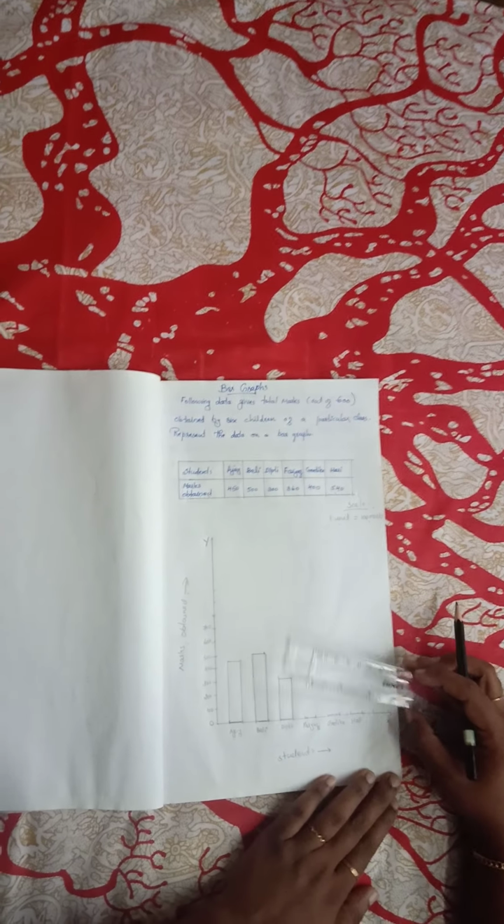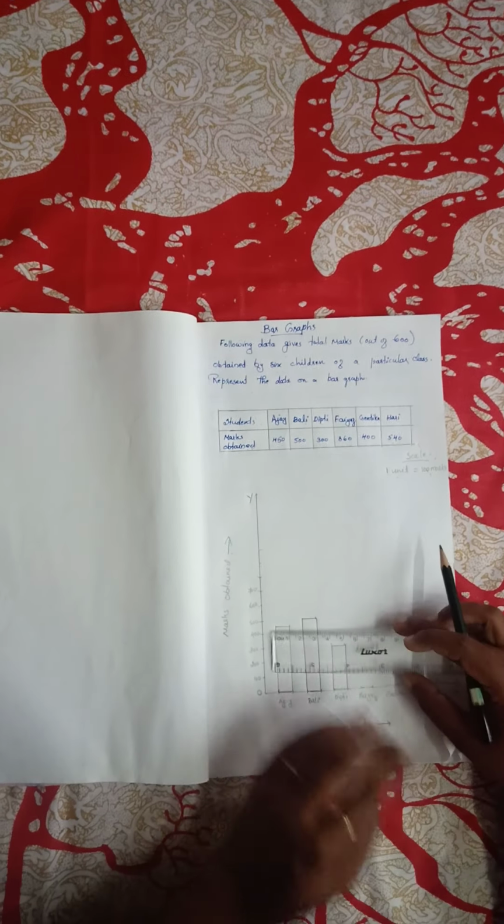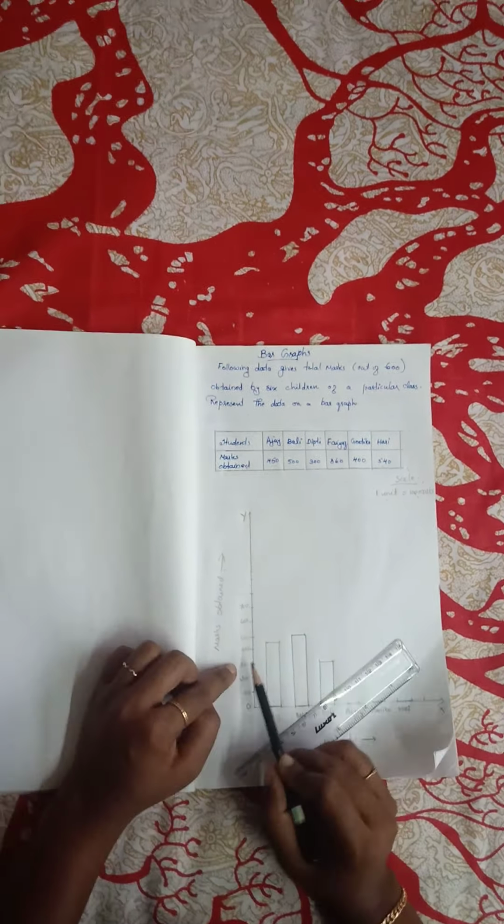Next, Fayaz, 360. 360 is between 300 and 400, more than 350.